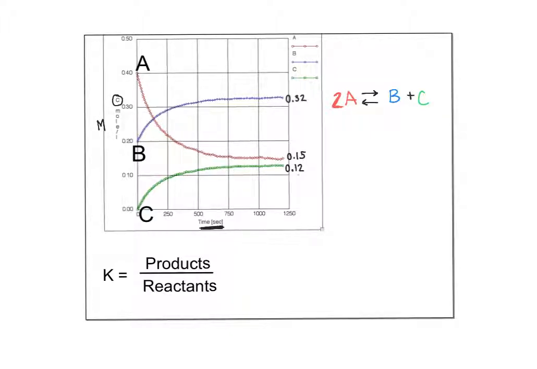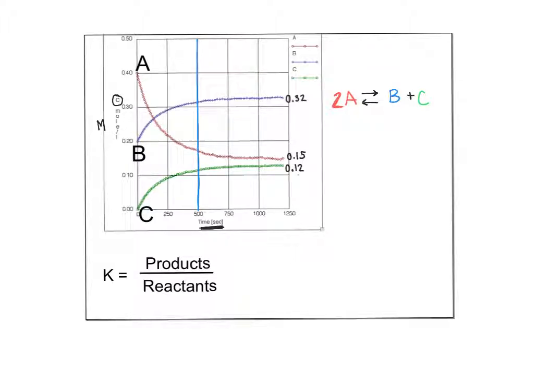But let me show you what else this graph indicates to us. I noticed that there's a certain point in time that the graph levels off. If you look right at about 500 seconds, maybe a little after, the concentrations of A, B, and C stay constant.